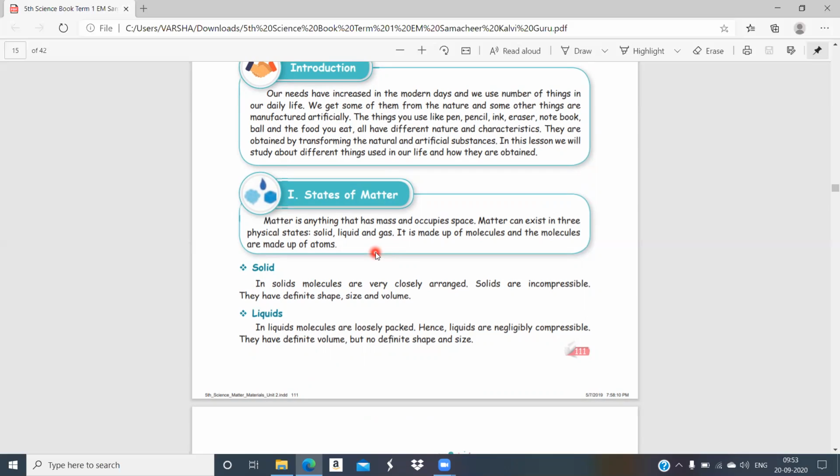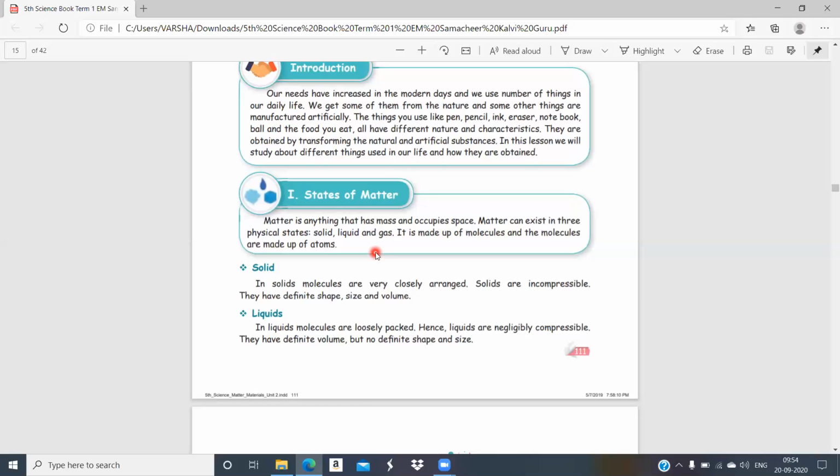What are they? Not like the states in our India. The states are solid, liquid, and gas, and they are made up of molecules. The molecules are made up of atoms. Atoms are very small things.